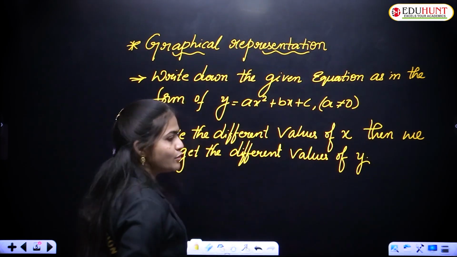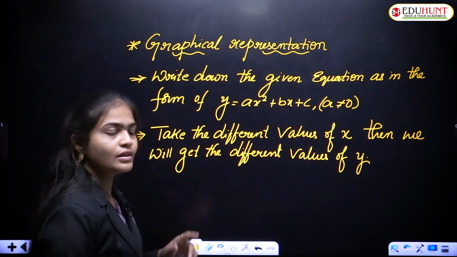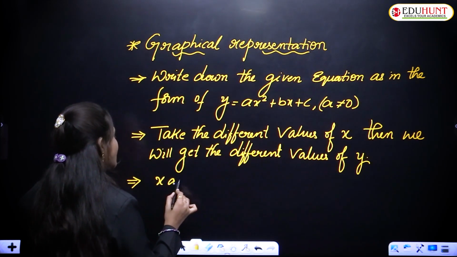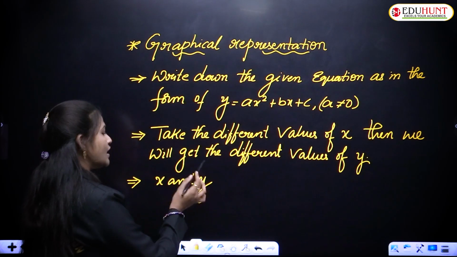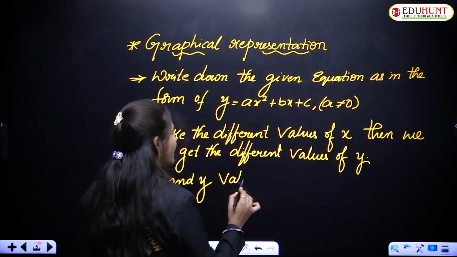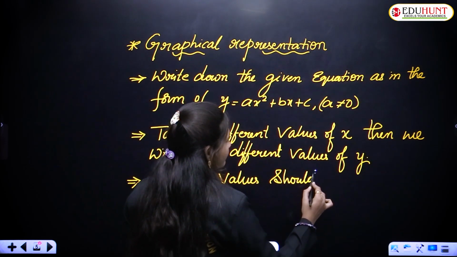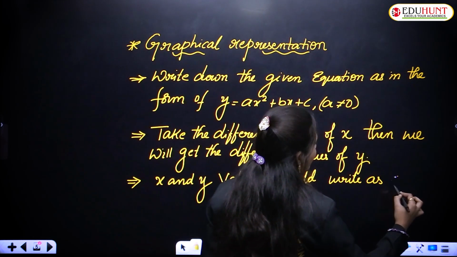Take the different values of x, then we will get the different values of y. So this is the second step. Next, x and y values: what values we are taking for x and what values we are getting for y. So the x and y values should be written as coordinates.